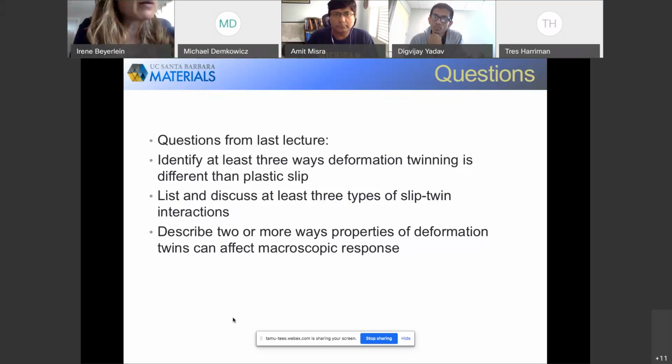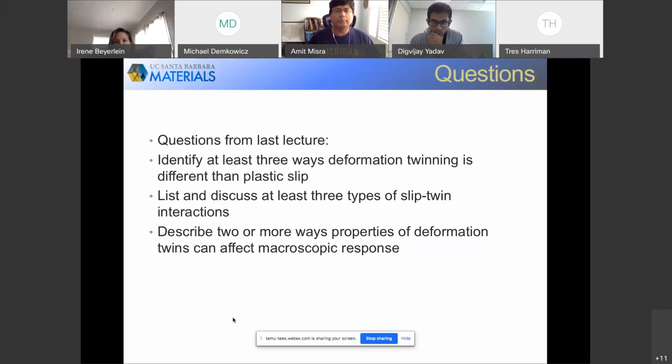So for some time there was an argument over what's the step height for the twinning dislocation, because that does govern in a way the transformation between the matrix and the twin. What ends up prevailing is that the step height is as short as it can be.